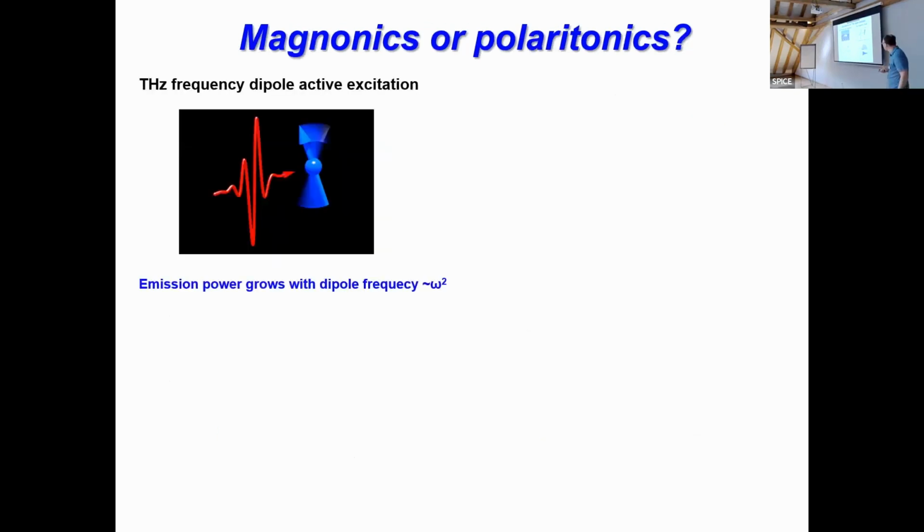But at the same time, we need to bear in mind that if there is a resonance at terahertz frequency, the spins oscillate, and that creates a magnetization which is a function of time. And magnetization which is a function of time is just a magnetic dipole.